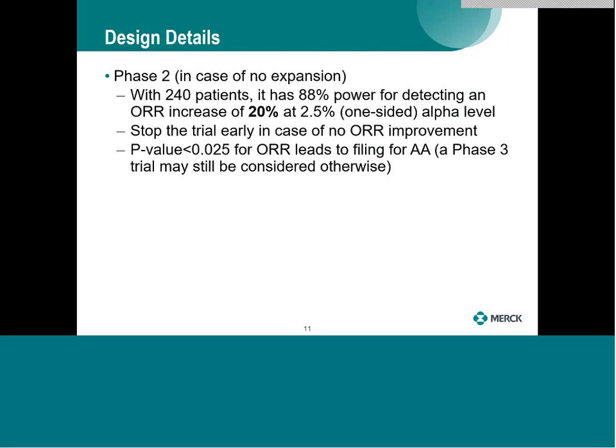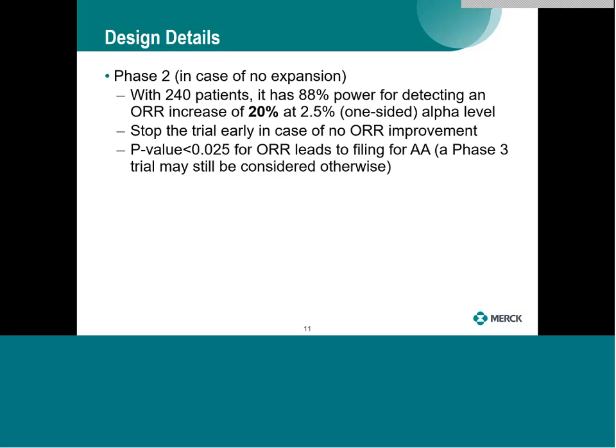For the phase 2 part, it's a 1-to-1 randomization of 240 patients. With this sample size, it has 88% power for detecting an ORR increase of 20% at the 2.5% level. And since it's oversized, we did add a futility check just in case: in case of no ORR improvement, the trial will be stopped early for futility at about 160 patients.